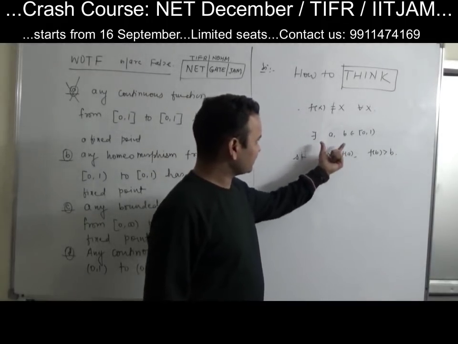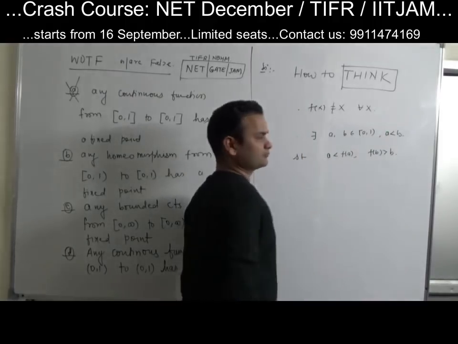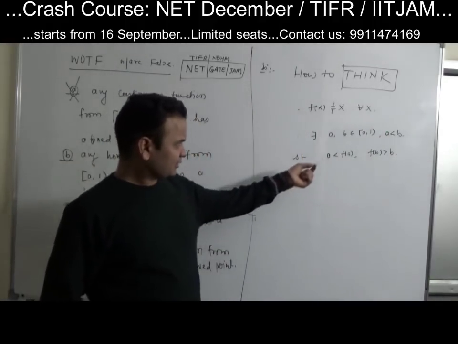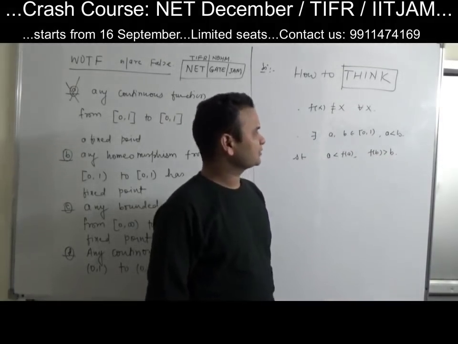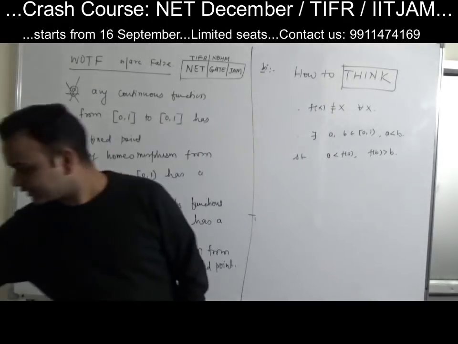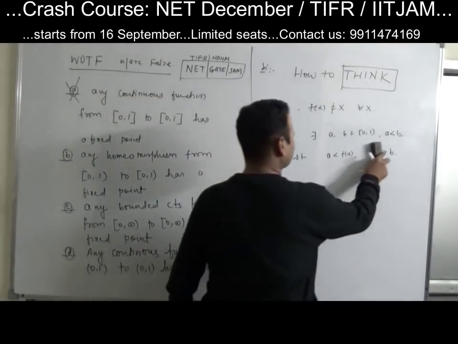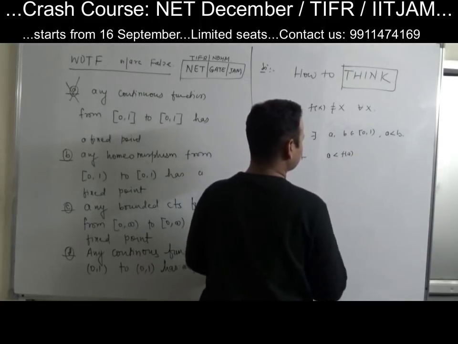Without loss of generality assume a is less than b, such that f of a is greater than a and f of b is less than b. Or you can take the other option. No problem, whatever option you take, there is no harm at all.